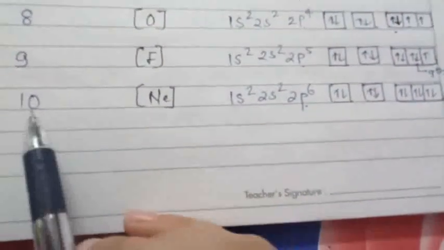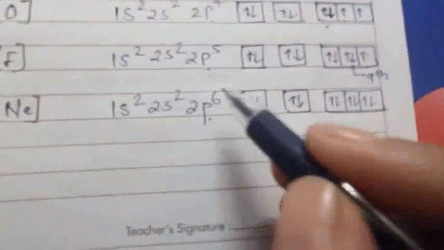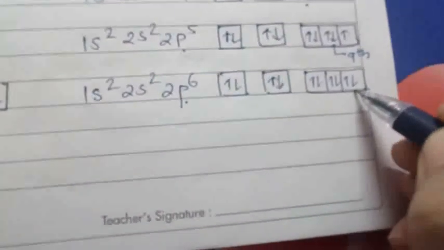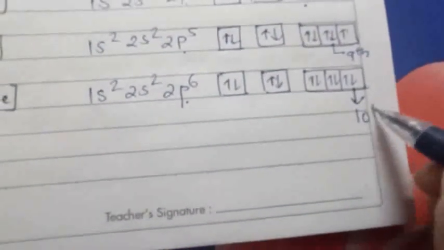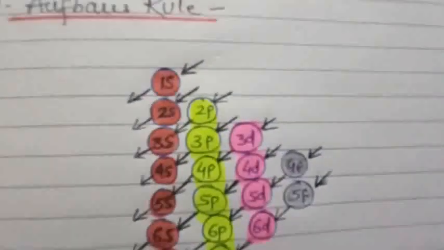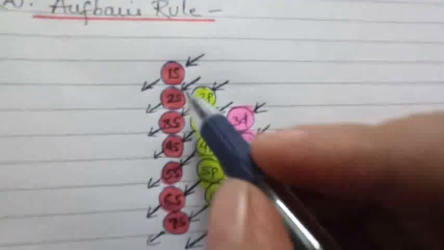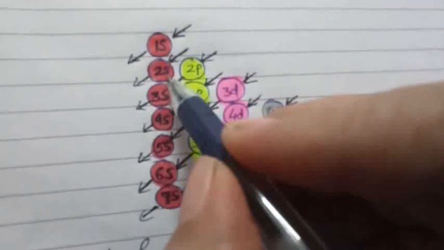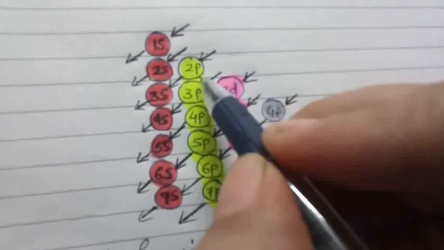Then neon, atomic number 10. Now 2p6. So the last electron is also filled. This is the 10th electron which you have filled, the anti-clockwise one. So this is how the p orbital ends over here. According to Aufbau's rule, hydrogen and helium were getting filled in 1s, then we went to 2s and then we filled 2p.